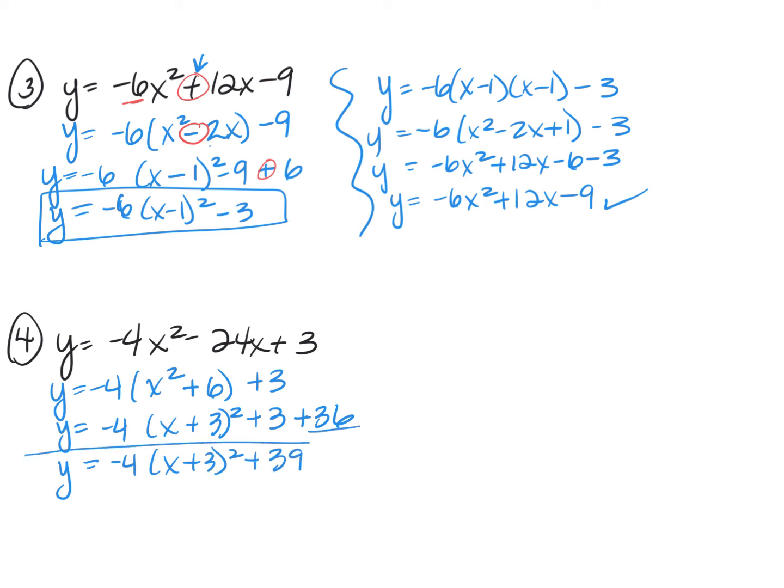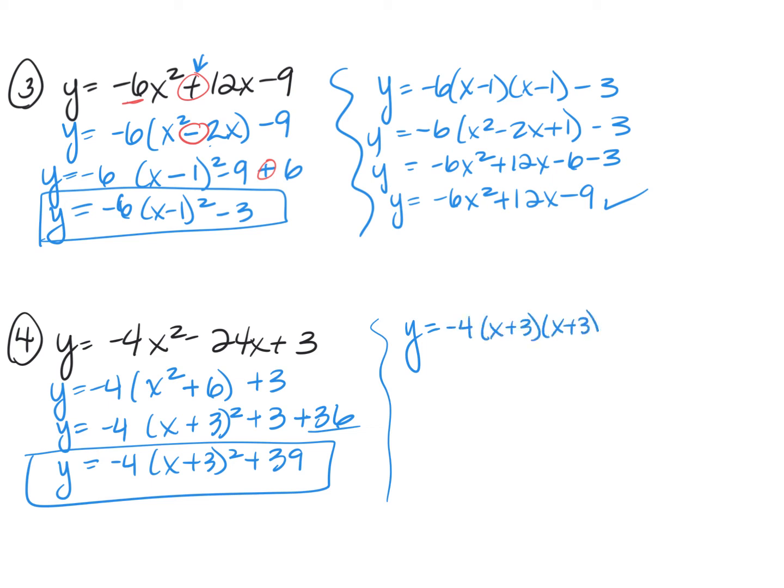All right, it's in vertex form. Let's check our work. Y equals, let's expand it out, see where we go. Negative 4, x plus 3 times x plus 3 plus 39. So let's FOIL this. I get x squared plus 6x plus 9 plus 39.